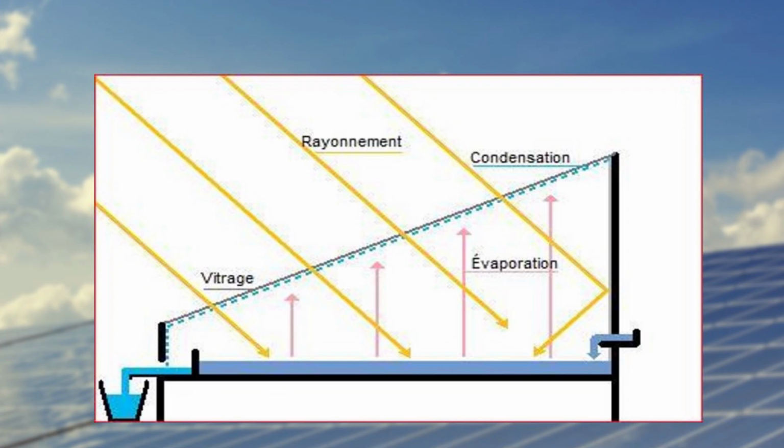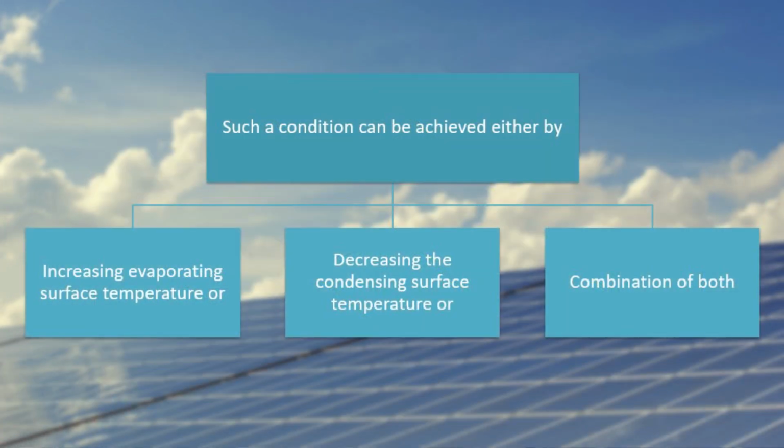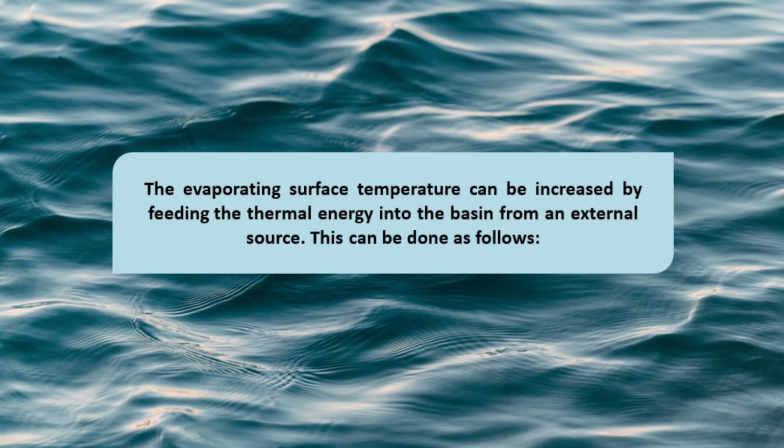How can you achieve such a condition? Such a condition can be achieved either by increasing the evaporating surface temperature, or by decreasing the condensing surface temperature, or by combining both.